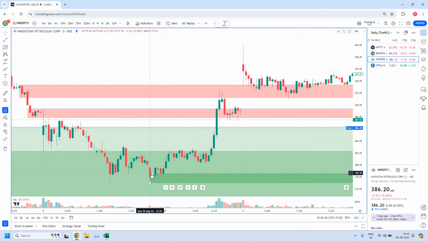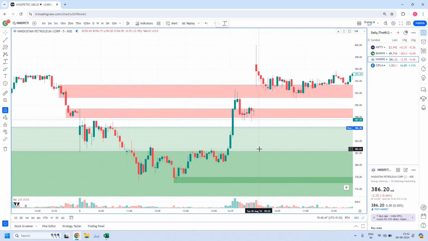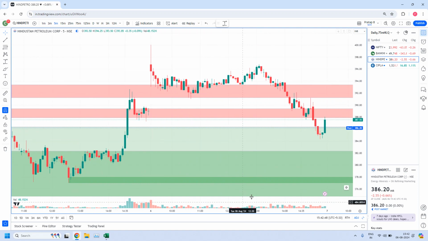The reason is the type 2 proximal is still a fresh zone. See here, yesterday the trade was at the type 1 proximal. Type 2 is still fresh. Especially in a high liquidity zone, many times if the type 2 proximal is fresh, the trade works even the second time. Many means 80% of scenarios; this zone still works.